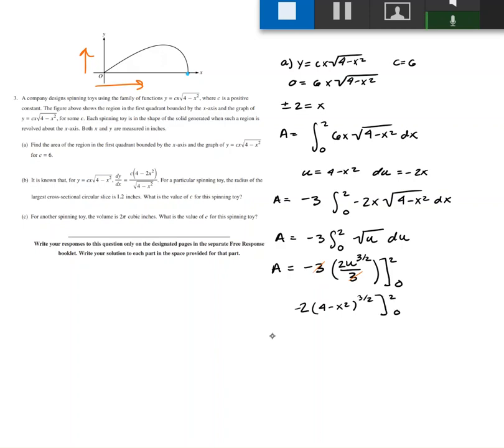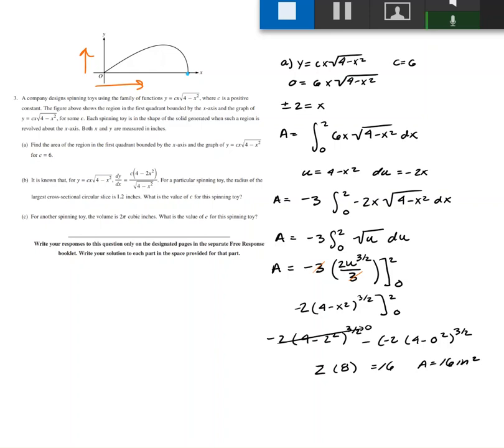And then we're just going to integrate, so that's going to leave us with 2 times 8, which is equal to 16. And our area is going to be equal to A equals 16 inches squared.